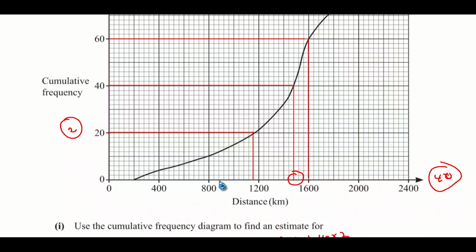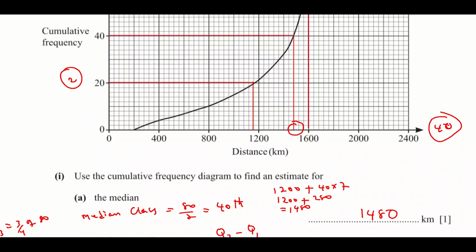You have 1, 2, 3, 4, 5, 6, 7, 8, 9 lines, then 9 times 40 is 360. 360 add 800, that would be 1,160.